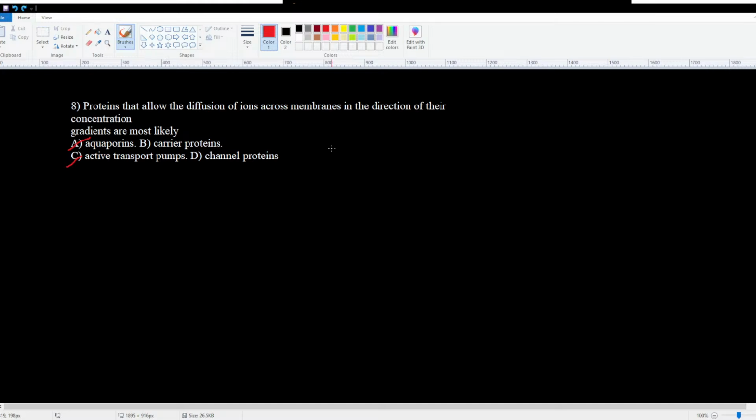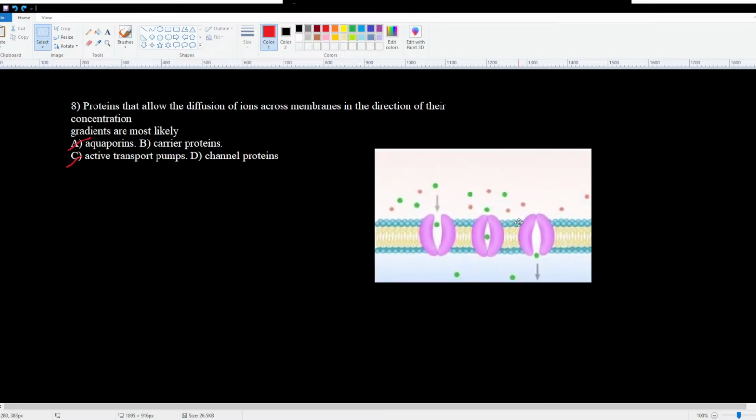That essentially means that carrier proteins don't necessarily act by diffusion, right? Let's go back to the example. This is a good one. This is a carrier protein, right? It acts not necessarily by diffusion, but by just transporting one molecule to the other side.